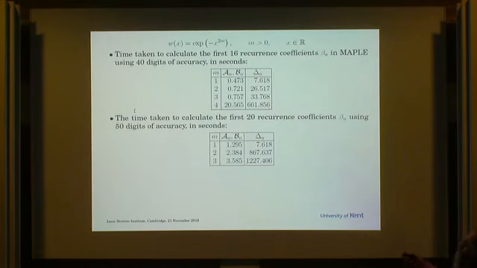If you take the first way, I take the first 16 recurrence coefficients for m equal 1 to 4. If I use the an and bn method, this is time in seconds. These are all less than 1 second, even this one that takes 20 seconds. If you use the delta n, this is what Maple gave me. You can see that the difference here is quite huge.